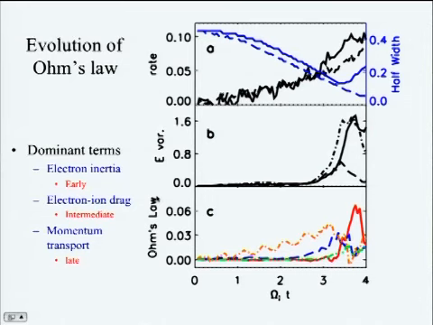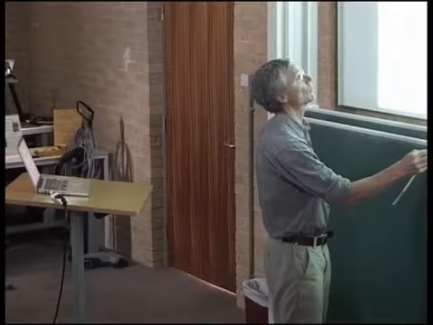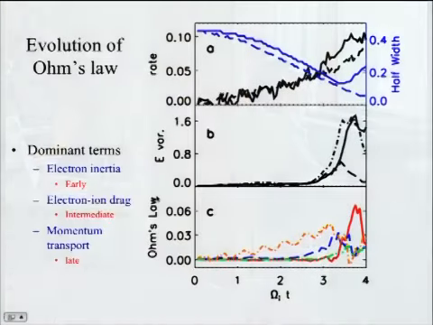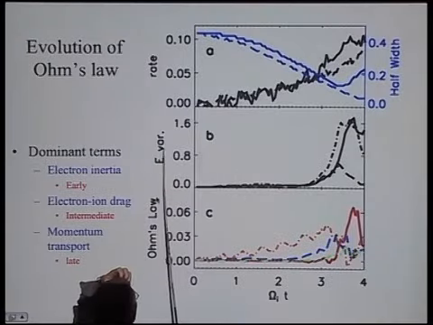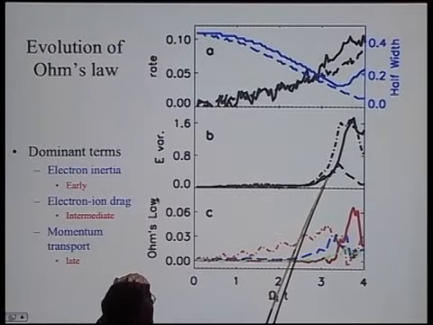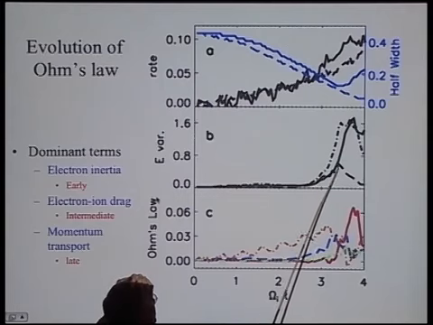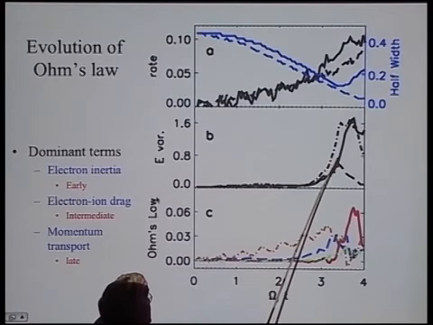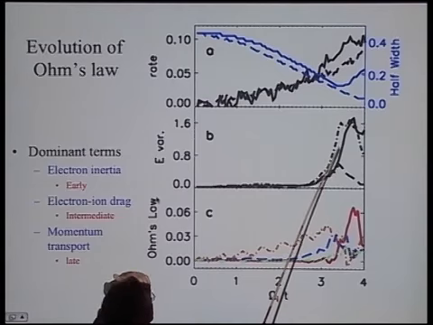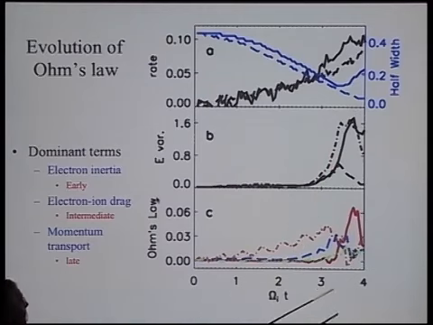So here we are back to that earlier slide I showed you. Here's the reconnection rate, here's the 3D versus 2D, and then the broadening of the current layer. And this just shows the variance of the three components of the electric field. So this is the parallel E_z component, and I think this is E_x and E_y, averaged over the whole box versus time.